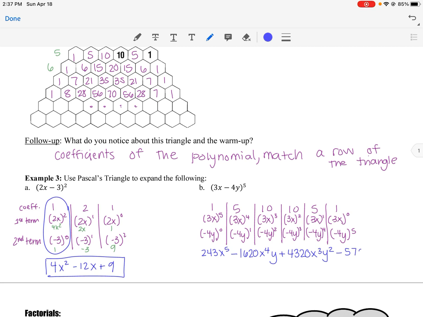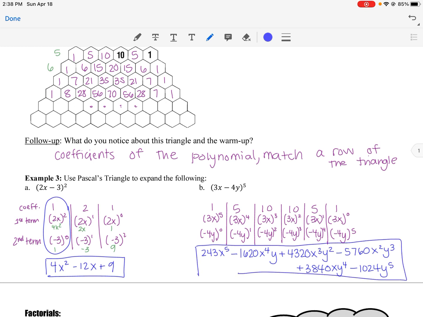We get 5,760 x squared, y cubed. 2 more terms now. 5 times 3 times -4 to the 4th, so plus 3,840 xy to the 4th, minus 1 times 3 to the 0 is just 1, so -4 to the 5th is 1,024 y to the 5th. And this would be your resulting polynomial.